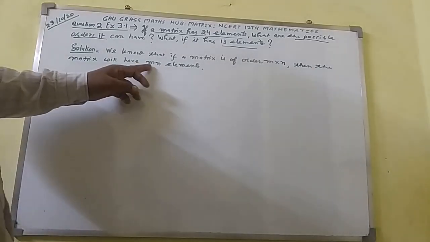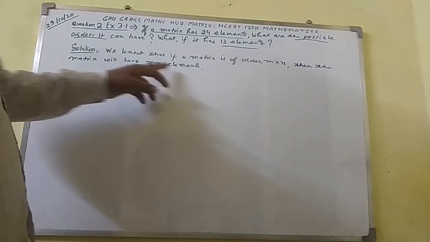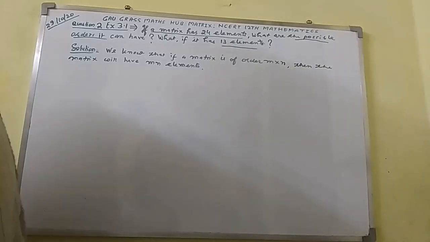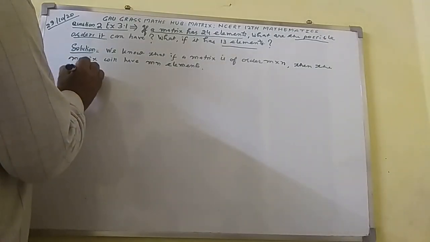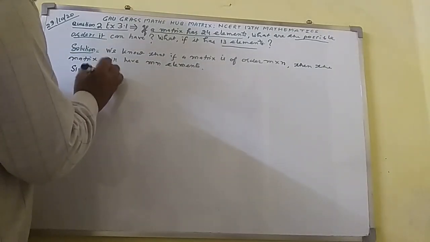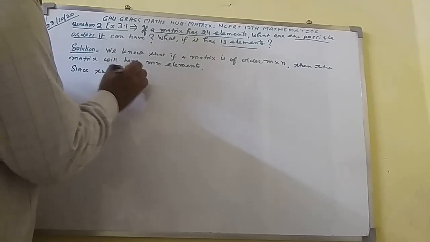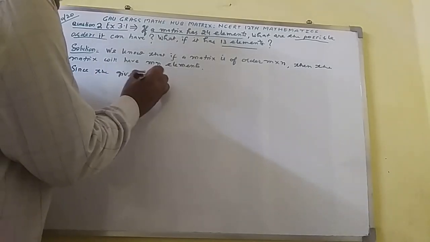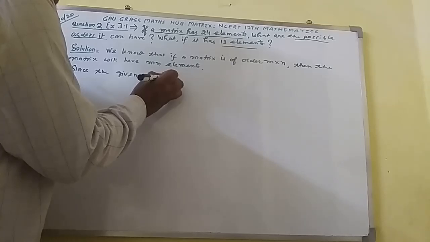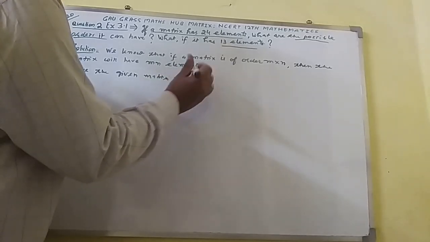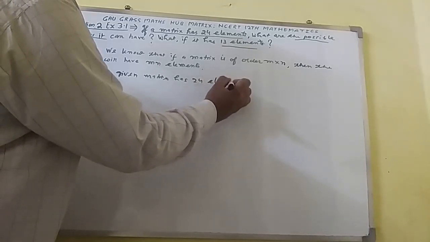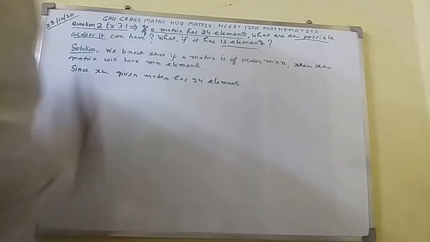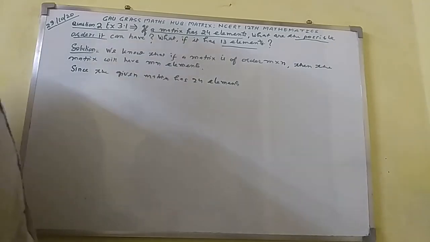So here you can see the value of mn is 24. The given matrix has 24 elements.